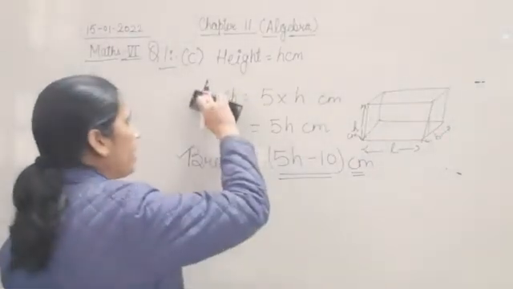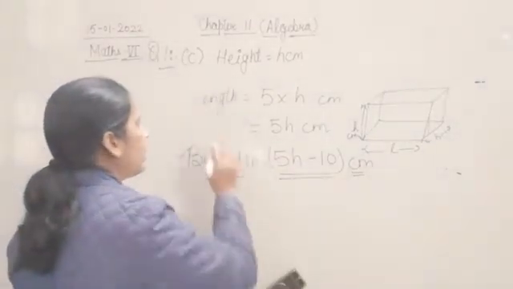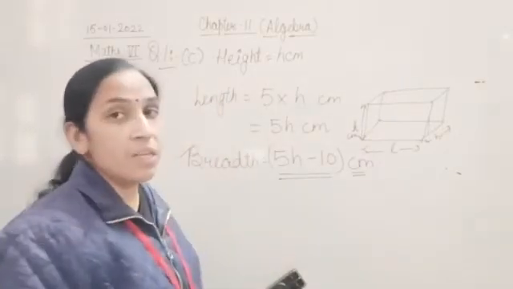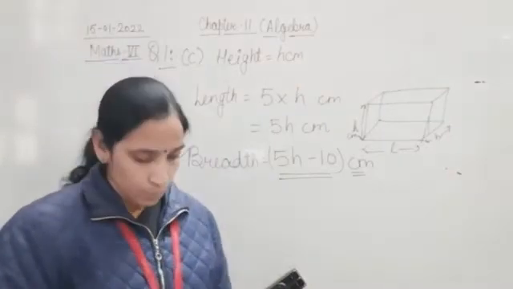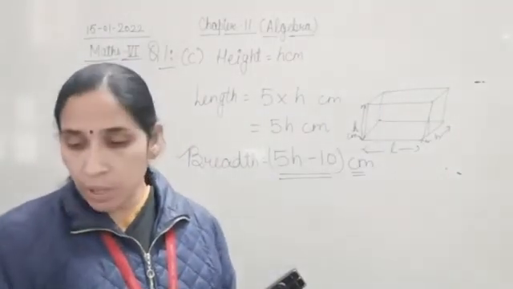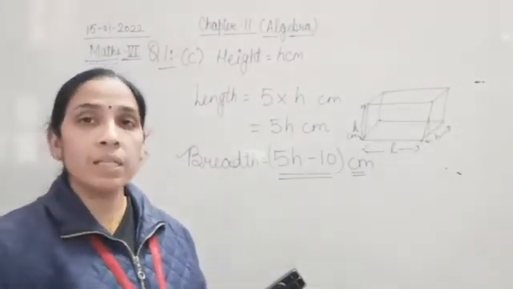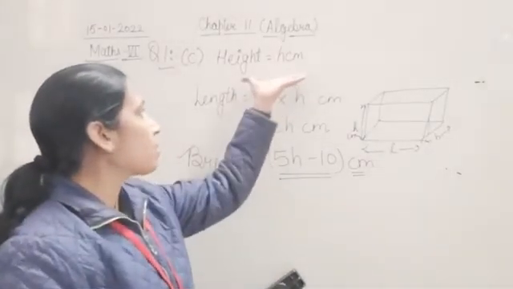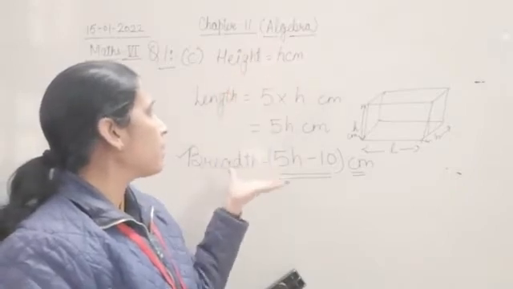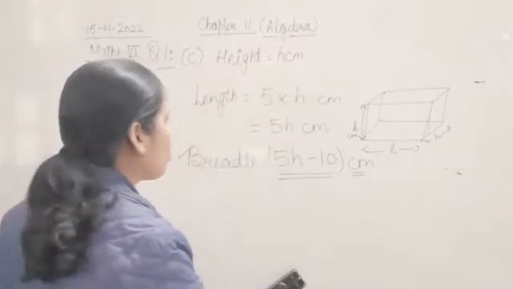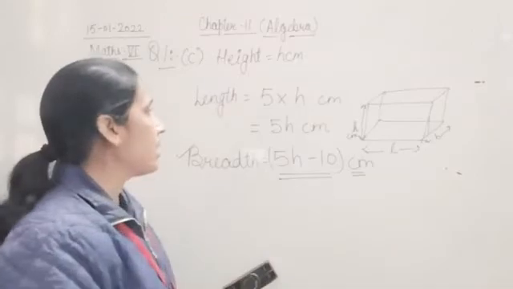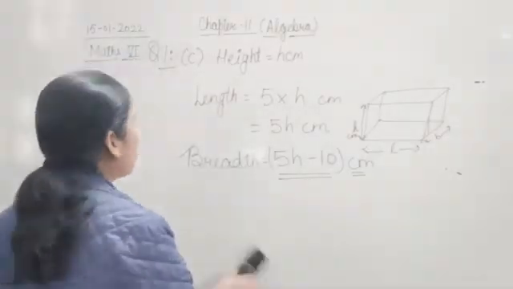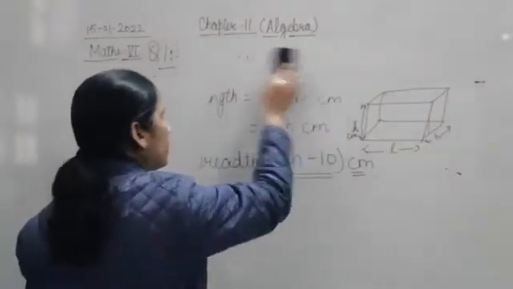Length is 5h and the breadth is 5h minus 10. Now in this C part, it has been given that you need to express length and breadth in terms of height only. So we have expressed length and breadth in terms of height only. Now we'll come to the next, that is D part.